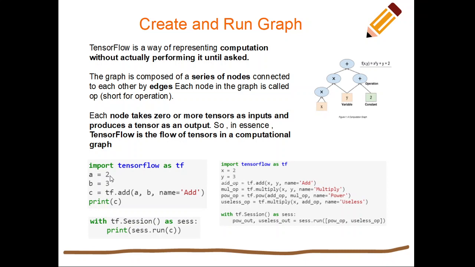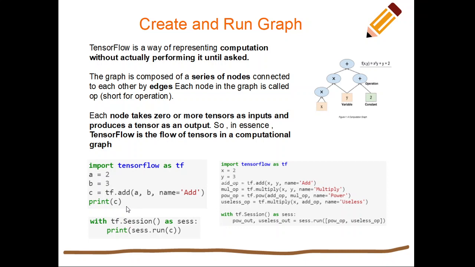Okay, now if we execute only this piece of code, it's not going to work. Okay, because we have just created a graph here. Okay, and we cannot execute the graph just by saying print c.